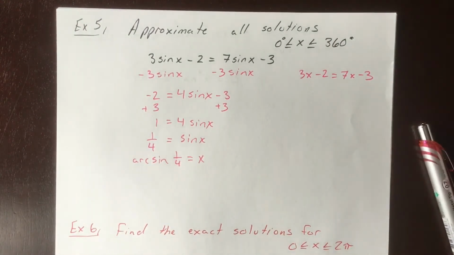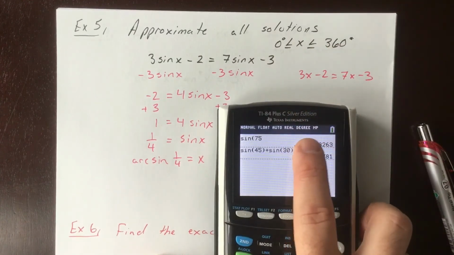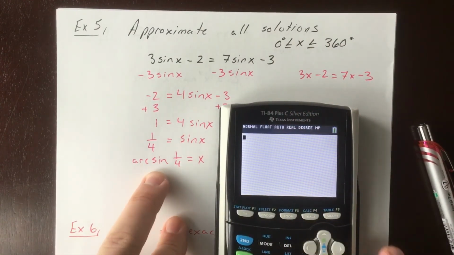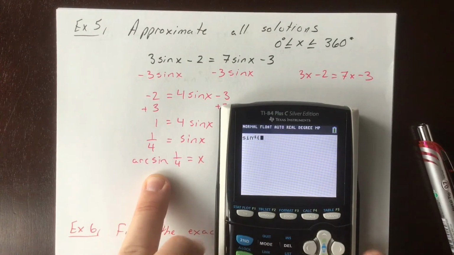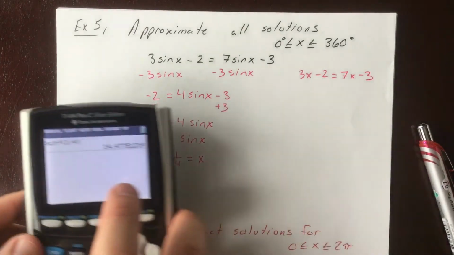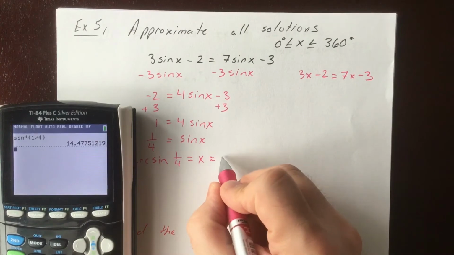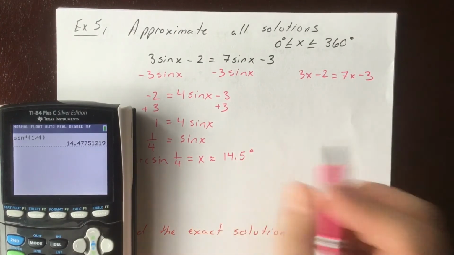So on our calculator, making sure that we are in, yes, degree, yes we are, we take the inverse sine of 1/4. And we get from this approximately, it's important to write approximately, 14.5 degrees.